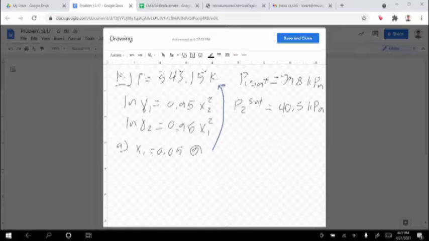So we're going to start off this problem by using this equation right here.